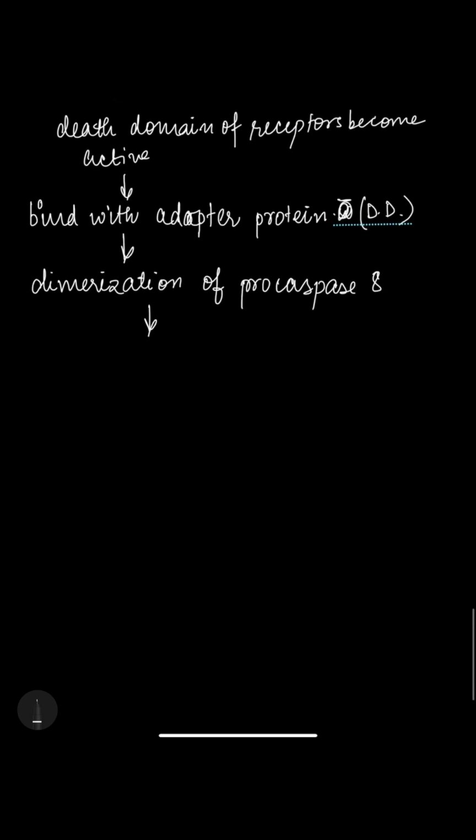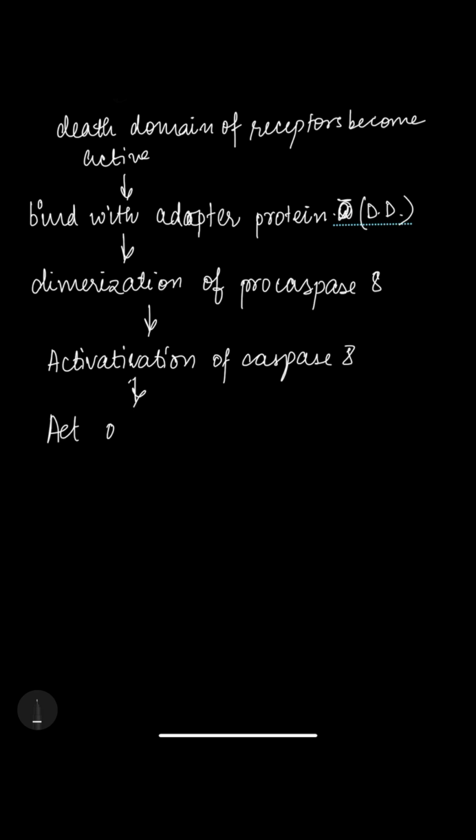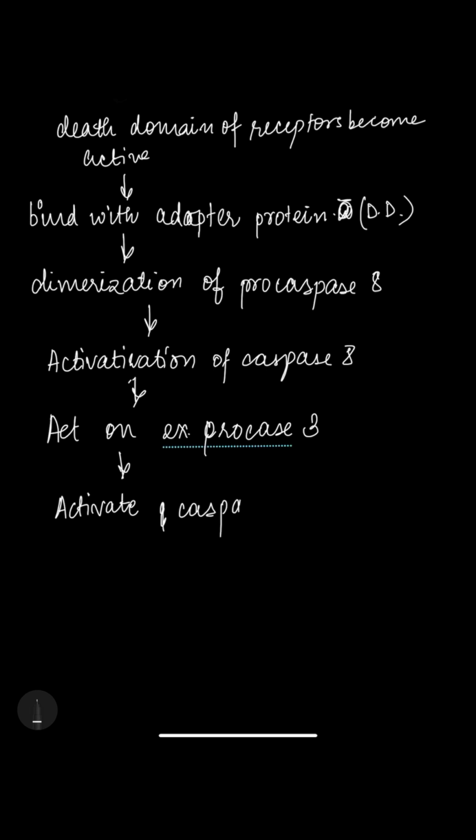This dimerization leads to the activation of caspase 8, which acts on the executioner procaspase 3. This activates, meaning conversion of procaspase into caspase, activates caspase 3, and thus the process of apoptosis occurs.